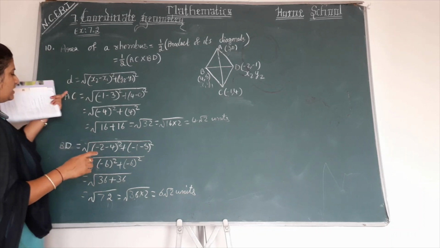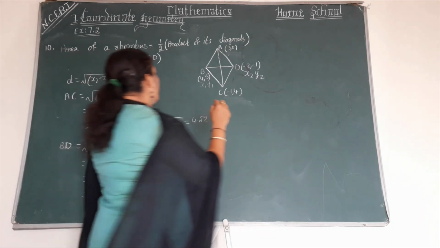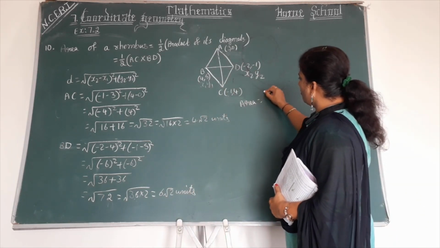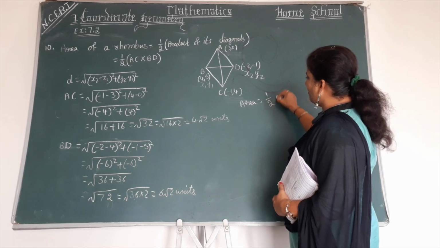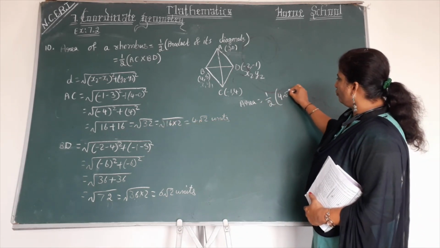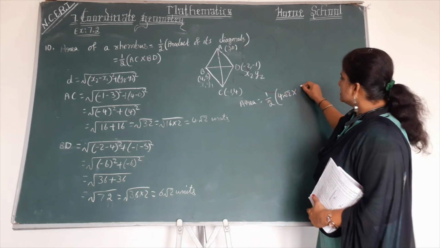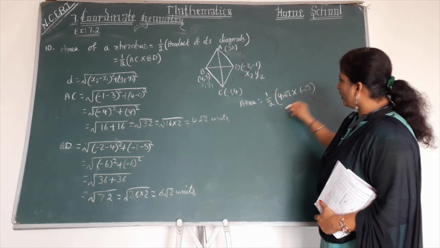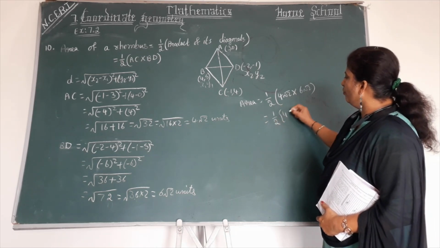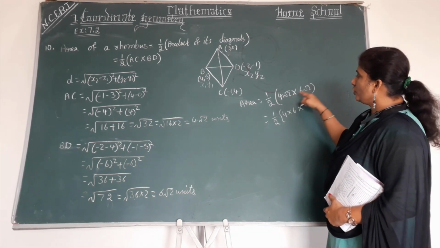Okay. So still we did not complete our problem. Still we have, what is the area of a rhombus is your question. Area of a rhombus will be half of AC. How much did you get here? 4 root 2. And what is your BD here? 6 root 2. Okay. So now 1 by 2 into 4 into 6 into root 2 into root 2.